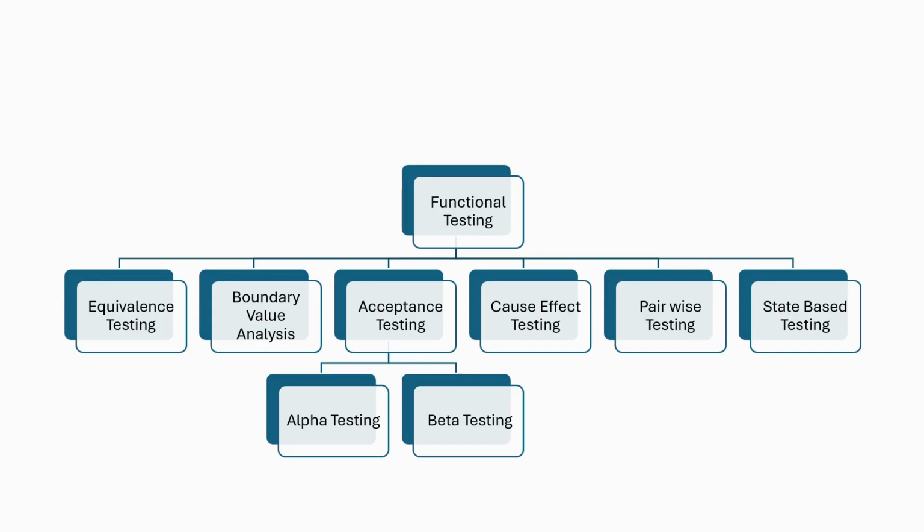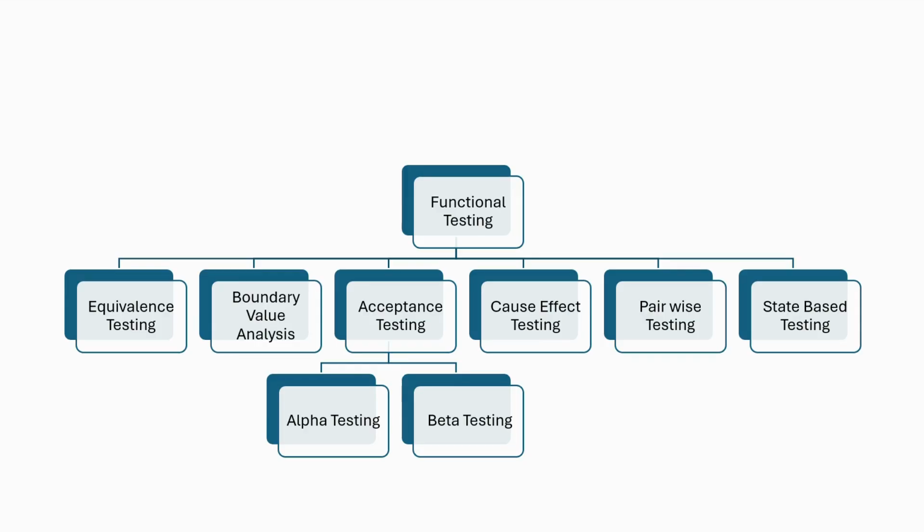This type of testing is again divided into two categories: alpha testing and beta testing. In the case of alpha testing, there is a controlled environment while doing the testing. The complete version of the software is tested by the customer under the supervision of the developer at the developer side.